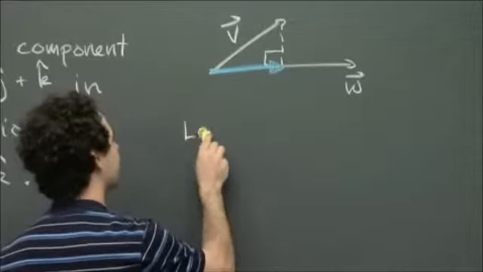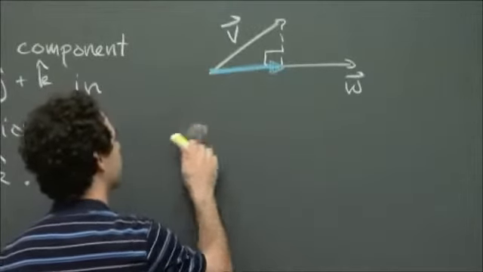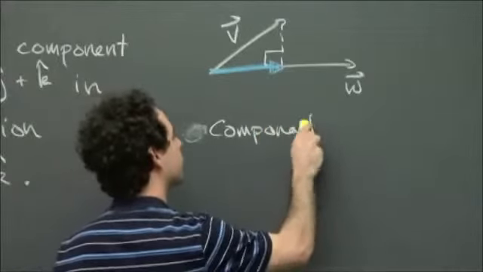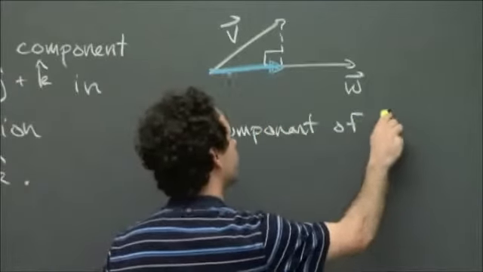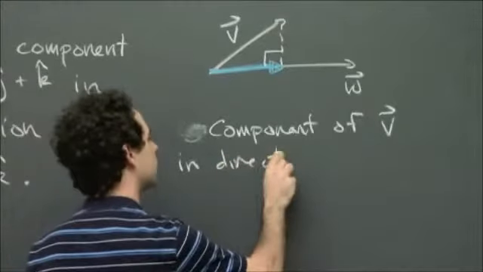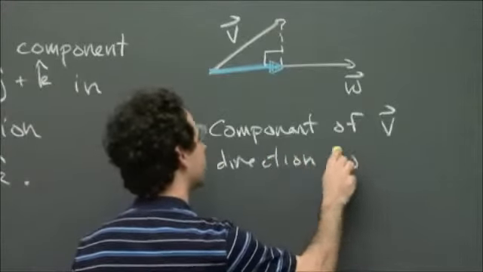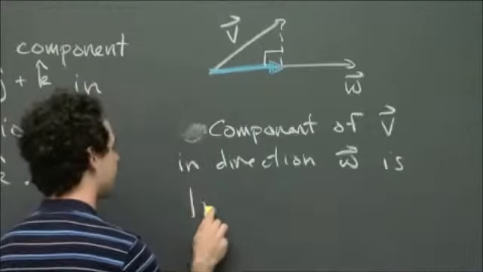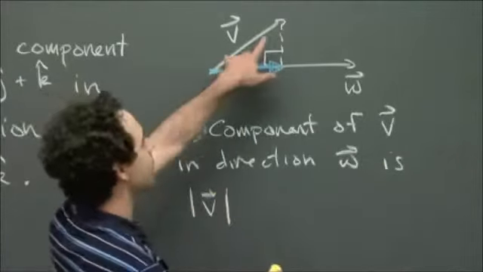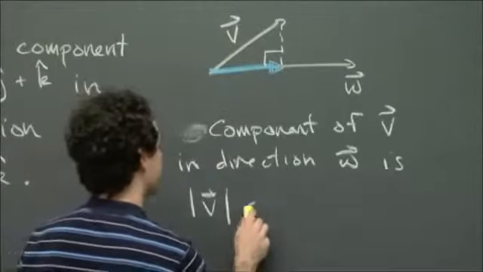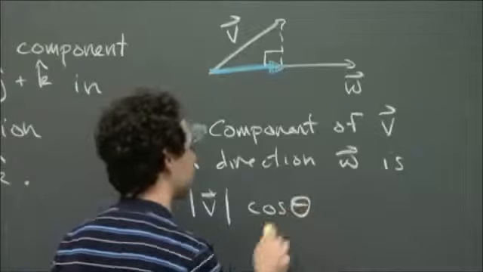So the component of v in direction w is just the length of v, the length of the hypotenuse, times the cosine of the angle between them. So it's times cosine of theta.